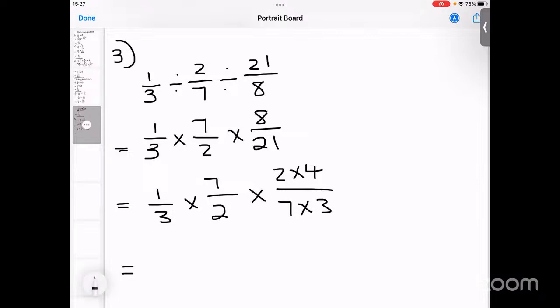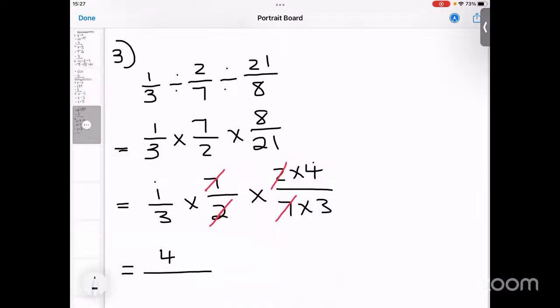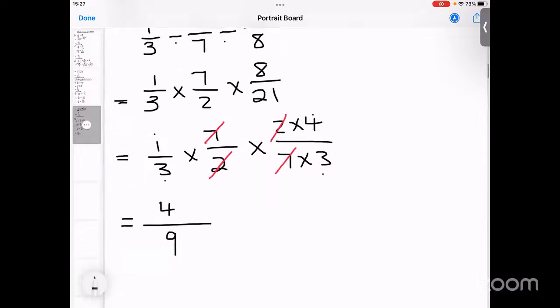Then from there, you can enjoy cancelling. Say that 7 cancels with that, and then that 2 cancels with that. Then you end up having that one multiplying that 4, which becomes 4, and then you are having 3 multiplying the 3, which therefore ends up as 9. And that is the end of it.